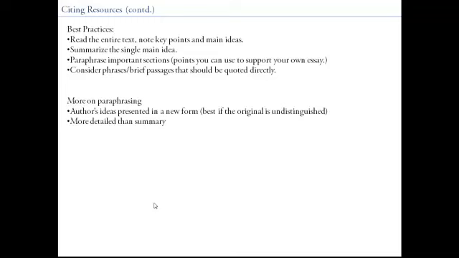It's more detailed than summary, because summary is for the whole essay and paraphrase is for a specific section, which is why, to support your own points and analysis, you usually use paraphrase and not summary. And we don't want to rely on too much quoting. We use quotations very, very selectively. So paraphrase is a good, healthy alternative to quoting.